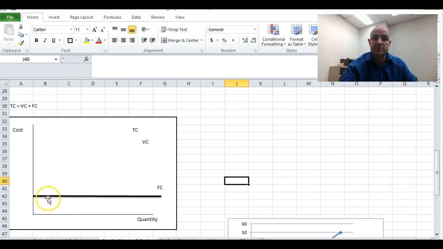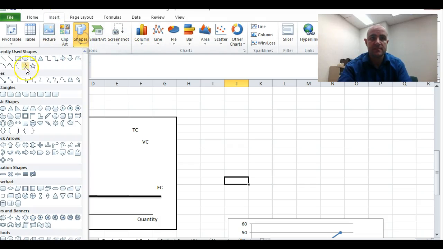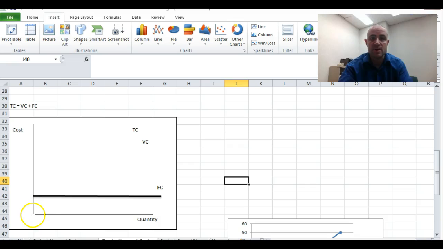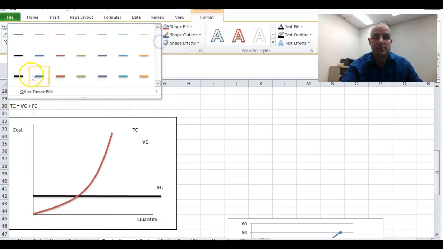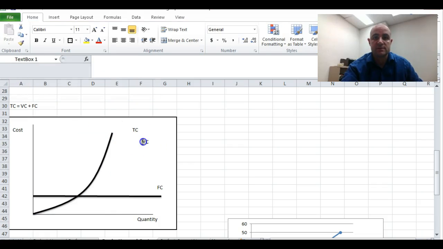No matter how much you produce, that fixed cost level doesn't change. Our variable costs, on the other hand, will change. So when we put that in there, it's going to look like this. When you produce nothing, your variable cost is going to be 0. The more you produce, the higher your variable cost is going to be. And so here's our variable cost.